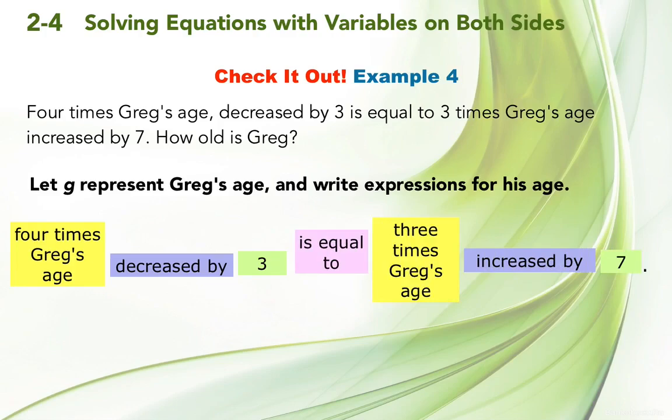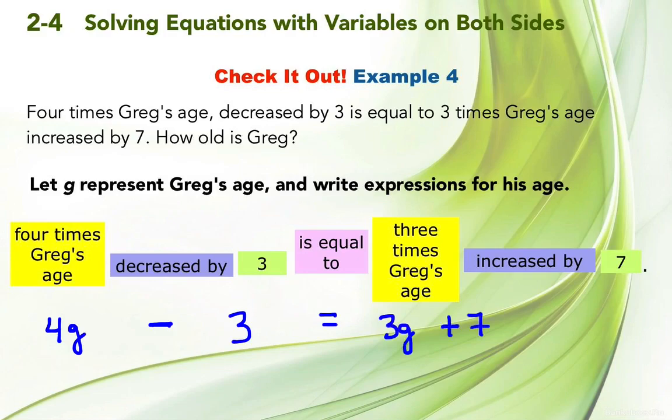So if I'm using G for Greg's age, 4 times Greg's age, so that's going to be 4G decreased by, that's going to be minus 3, is equal to 3 times Greg's age plus, that's 7. Let me write that out. We'll space it out a little further here. Increased by 7.